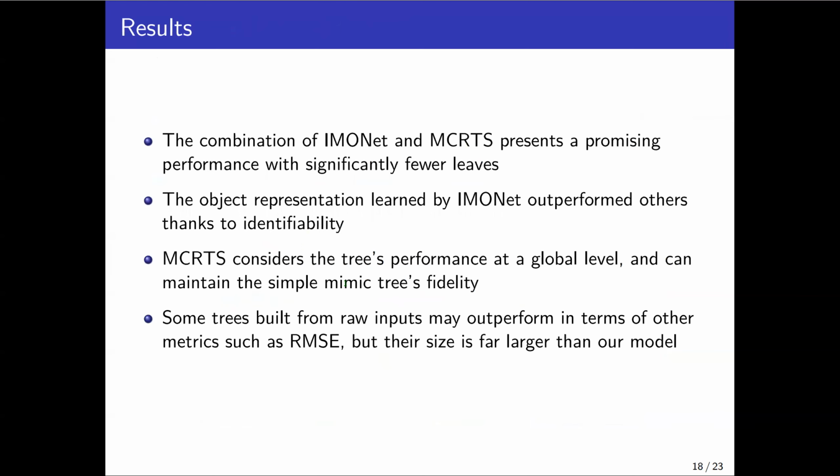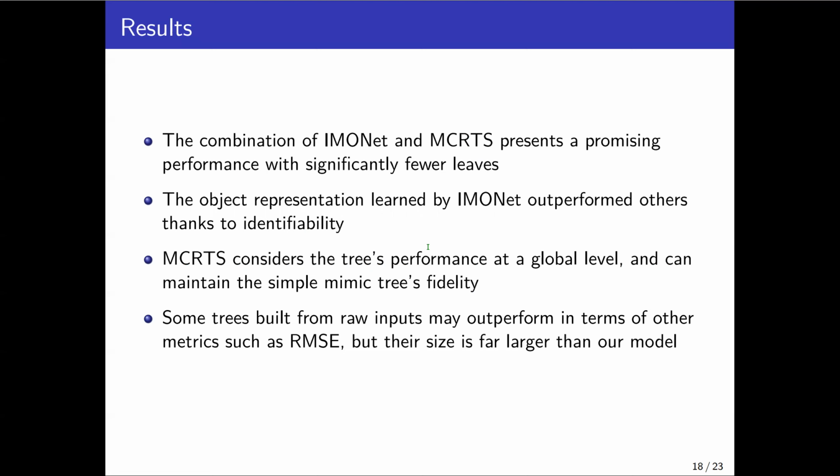And the combination of the object representation learned by IMONet outperformed others thanks to the identifiability of the latent features. And the tree search considers the tree's performance at the global level and can maintain the simple mimic tree's fidelity.